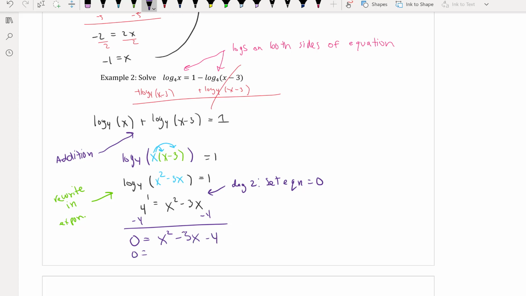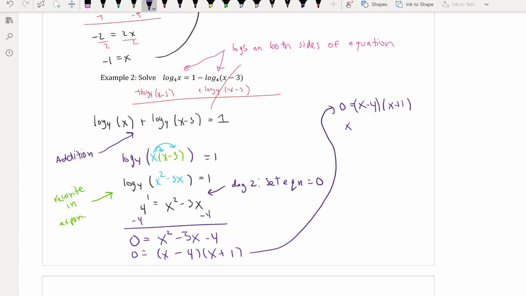Then from here, I can go ahead and factor. I'm going to have negative 4 and a positive 1. That is how it's going to factor. So 0 is equal to x minus 4 times x plus 1. That gives me a negative 3 when I add, and a negative 4 when I multiply.